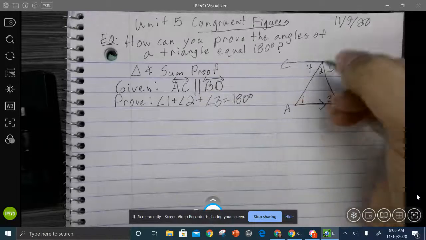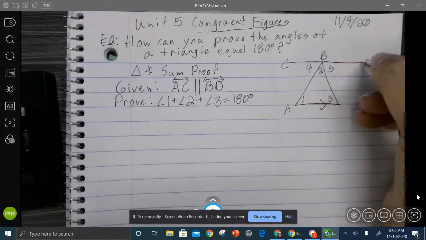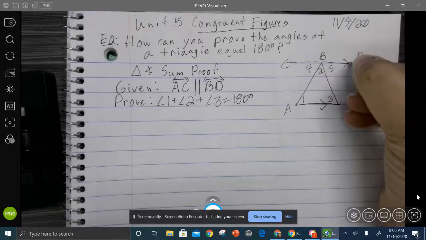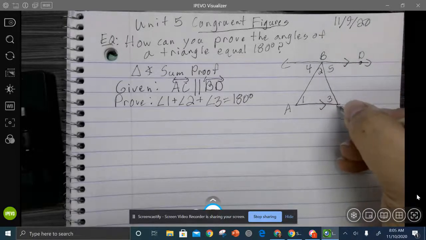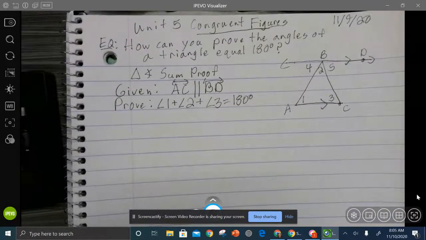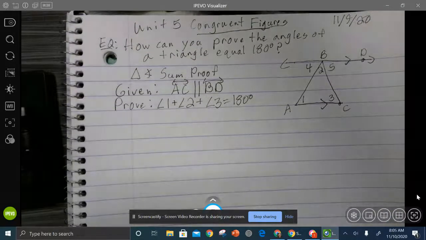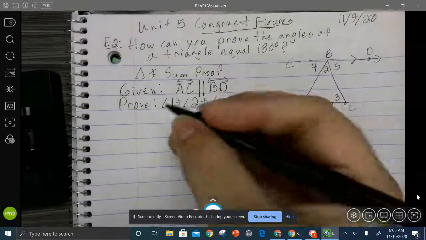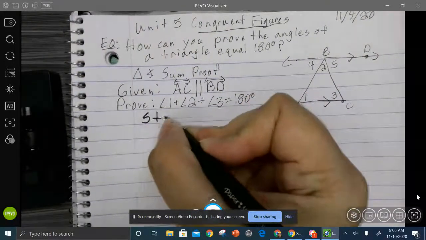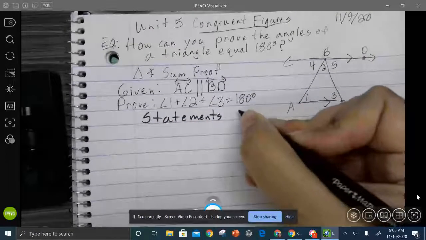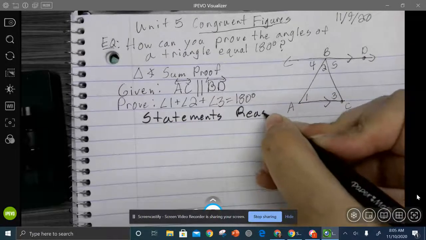And then this is A, B, D, arrows, and C. Okay. So we're going to go ahead and do a proof for that. So we're going to have our statements. Remember, these are your notes, so you can write an S if you want to, and reasons.